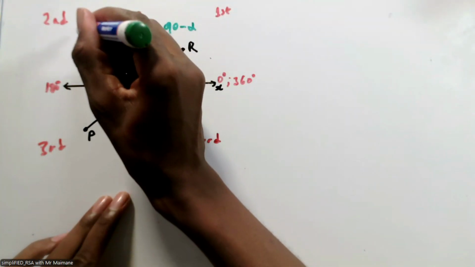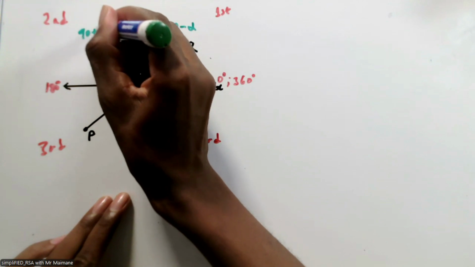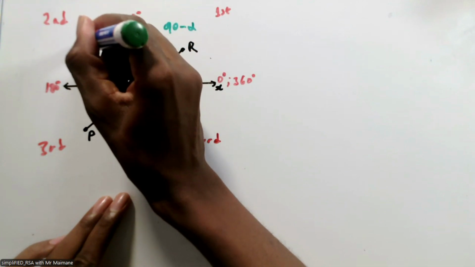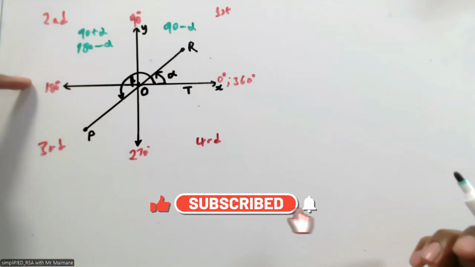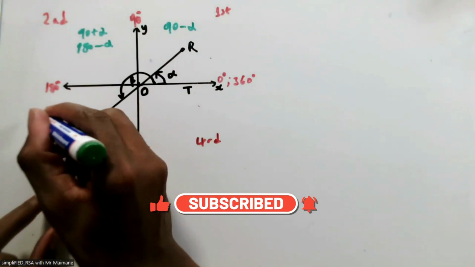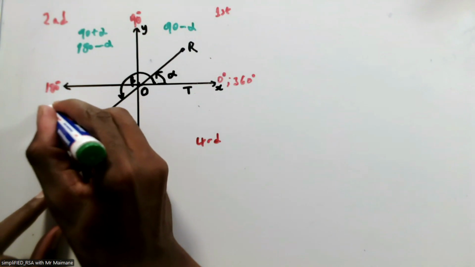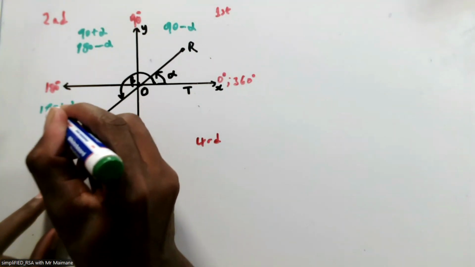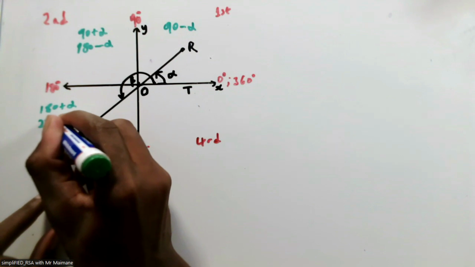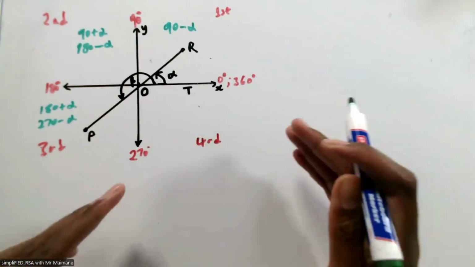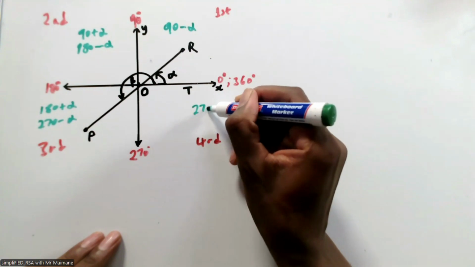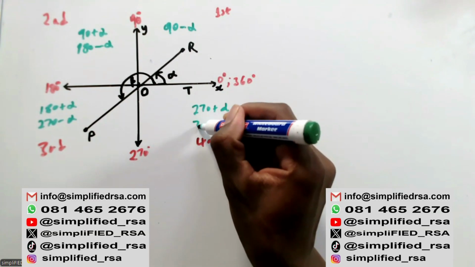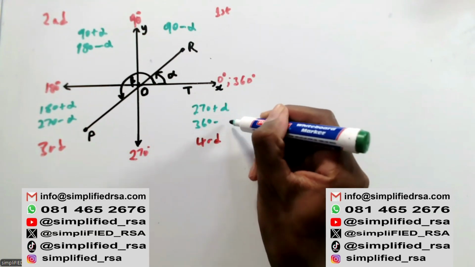And in the second quadrant, we have 90 plus alpha or 180 minus alpha, because that's where we are. In the third quadrant, we have 180 plus alpha or 270 minus alpha. And then in the fourth quadrant, we have 270 plus alpha or 360 minus alpha.